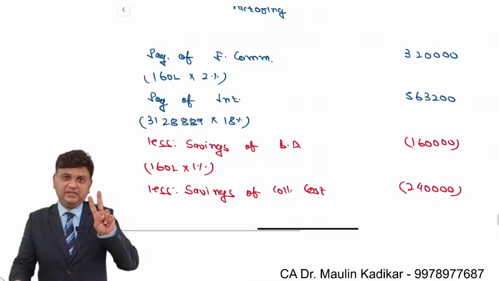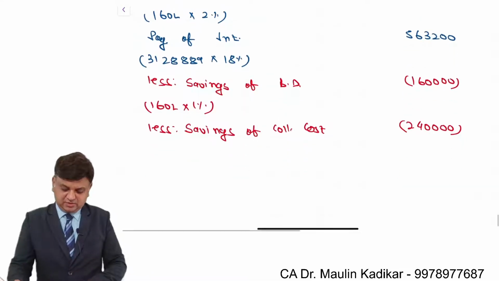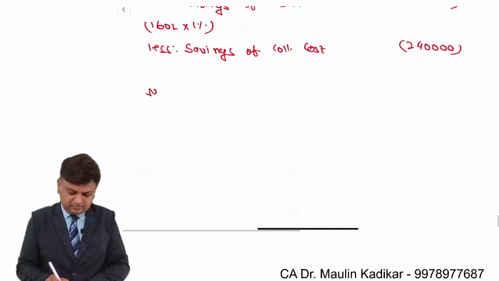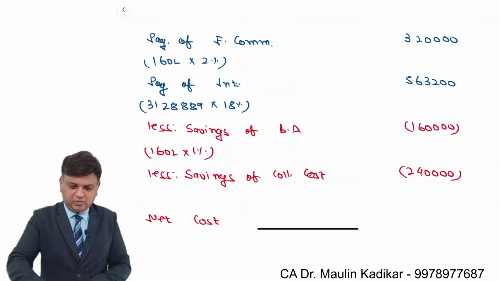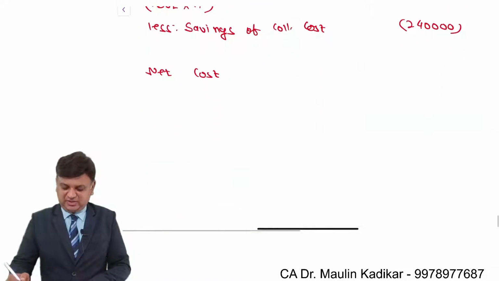So there are two advantages and there are two expenses. So net cost: 320 plus 563,200 minus 160 minus 240. So 483,200.